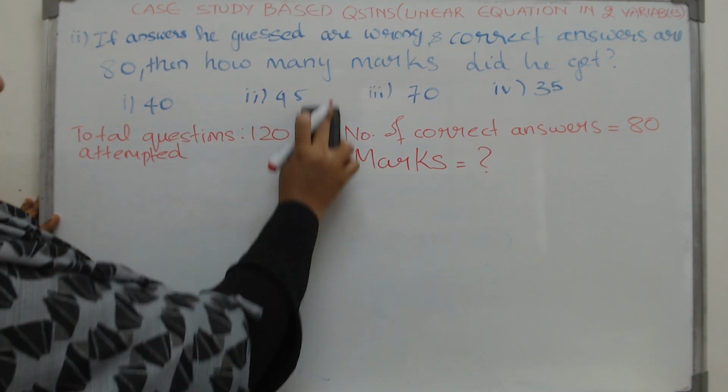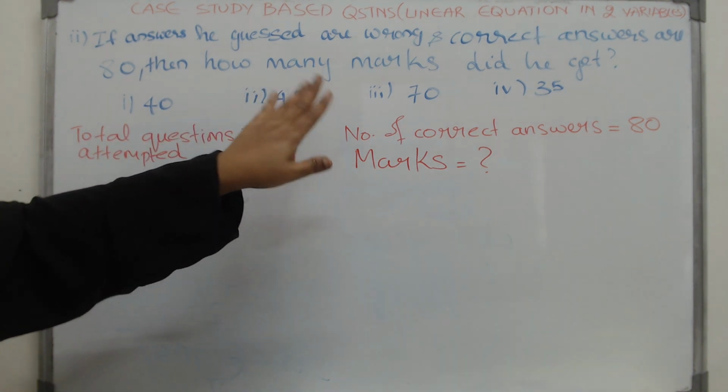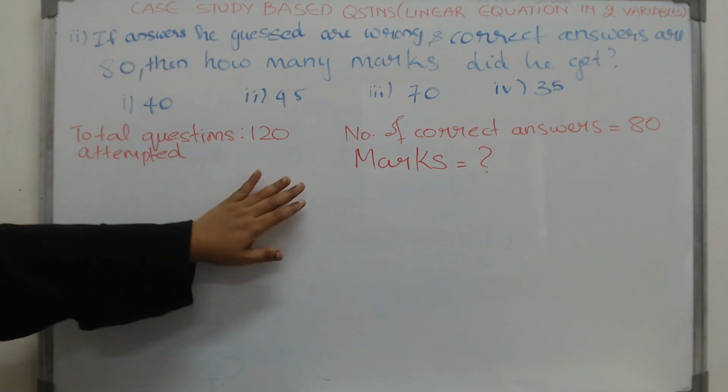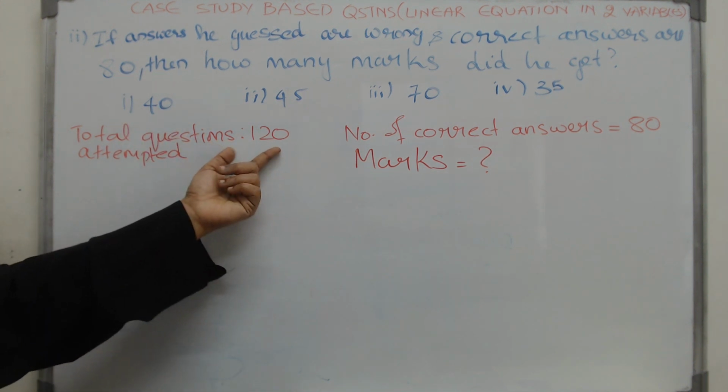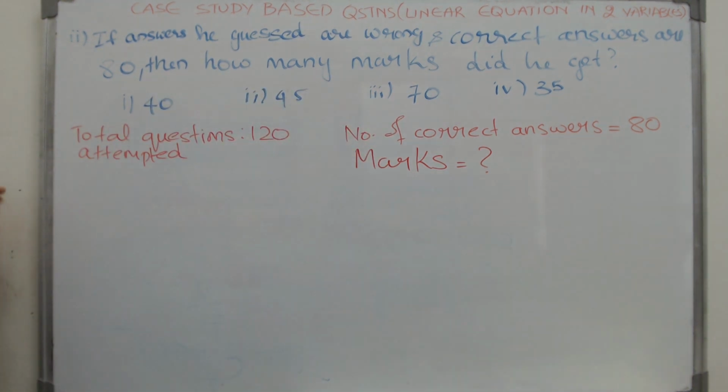Now what is happening in this question? It is the other way round. Now you know the number of correct answers and you have to find out how many marks he got. So this is easy. No need for any equation, any x or y or whatever. Why is that? The number of questions attempted is 120. Correct ones is 80.